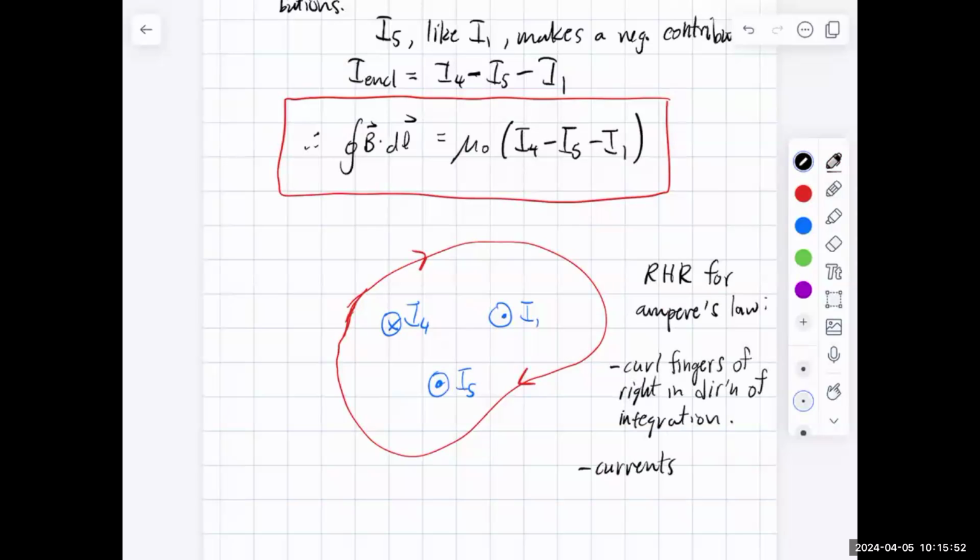Currents that are in the direction of your thumb make a positive contribution. Okay, good. Does that make sense?